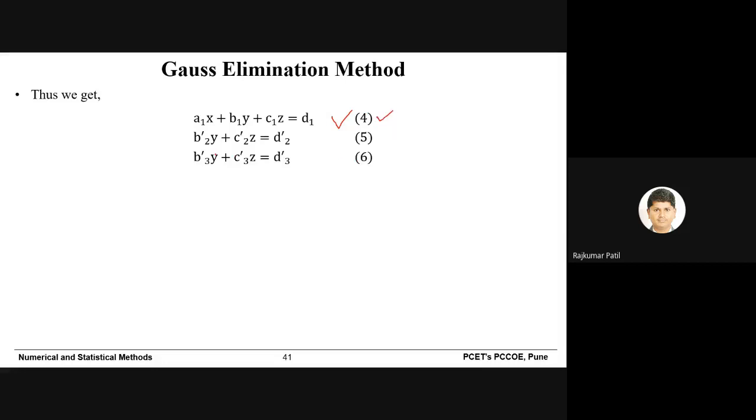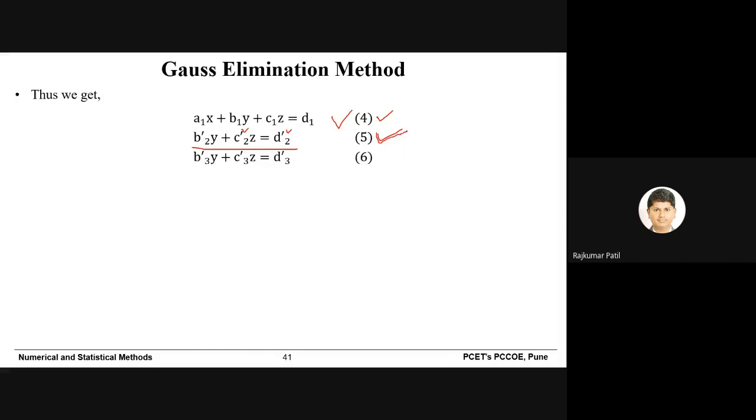And from equation number 2, a2x becomes 0. So remaining terms are b2 dash y plus c2 dash z equal to d2 dash. So this will be equation number 5. And why did we write b2 dash, c2 dash and d2 dash? Because while doing the matrix operations, the values of b2, c2 and d2 will change, and that's why we put a dash to represent the new value.